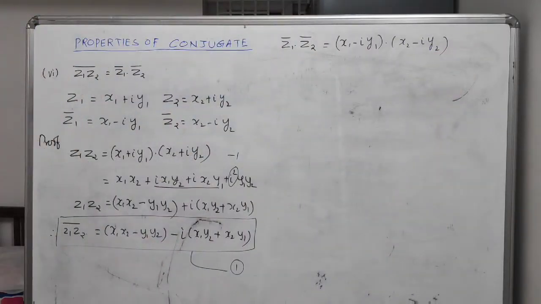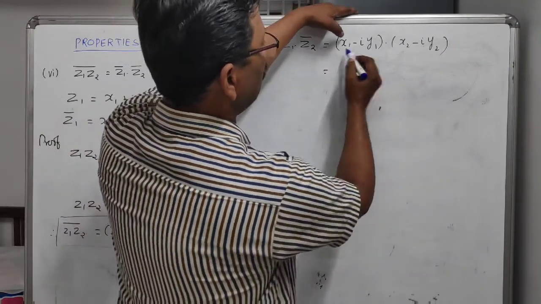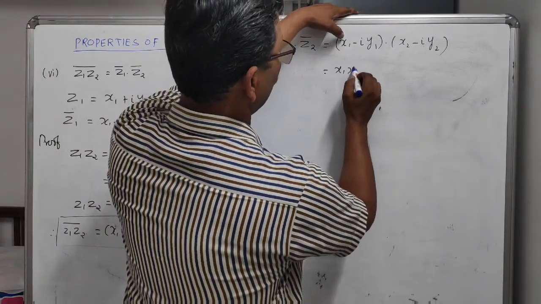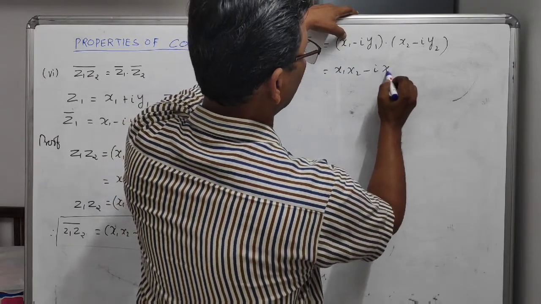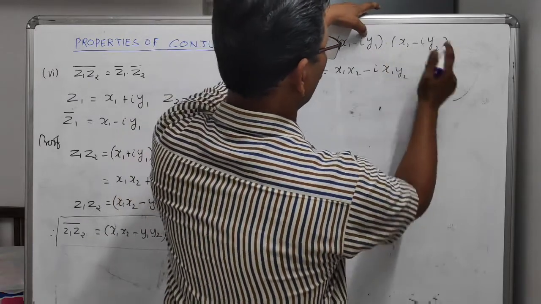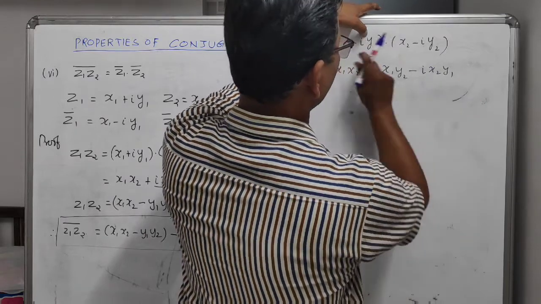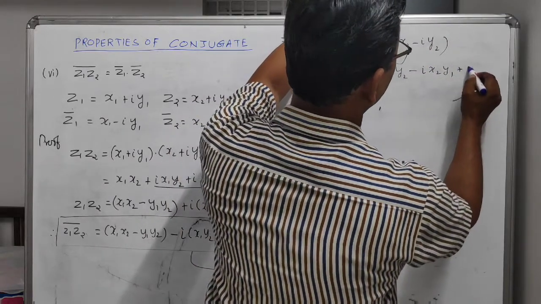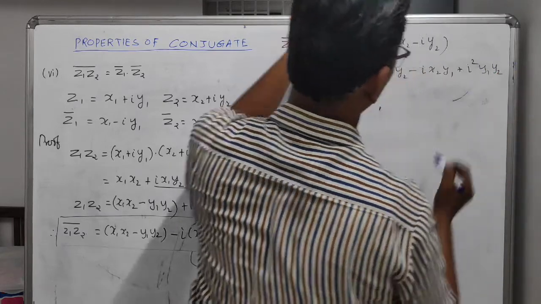Now this also can be multiplied: x1 x2, then minus i into x1 y2, then minus i into x2 y1, then plus i square y1 y2.